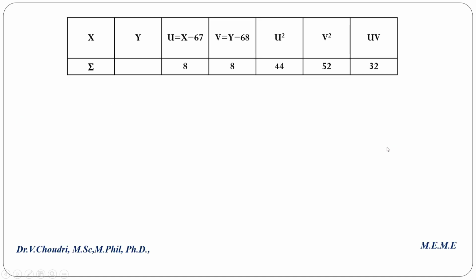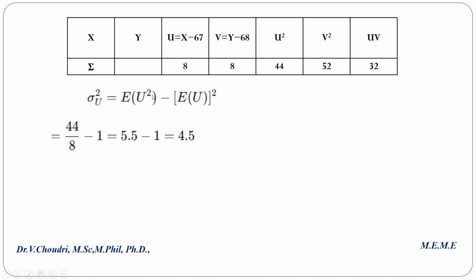Now we are going to find the standard deviation. First, E of u square is the sum of u square, 44, divided by 8, minus E of u, already we know 1, squared. So 44 divided by 8 is 5.5, minus 1 equals 4.5. That is the variance. Now what is the standard deviation? Sigma u is root of 4.5.